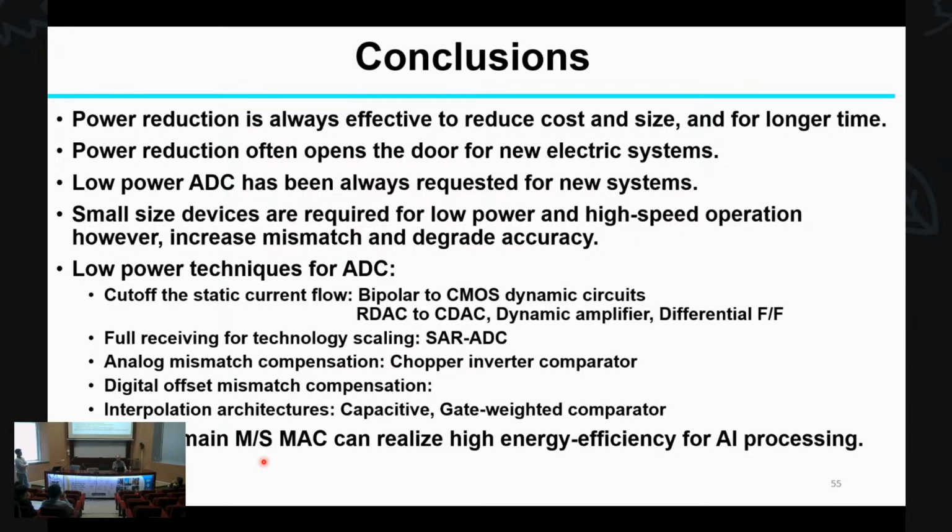So how to reduce the need of the op-amp is very key. This is because when we use such an op-amp method, we cannot use the advanced technology, so we cannot obtain the benefit of the technology speed.